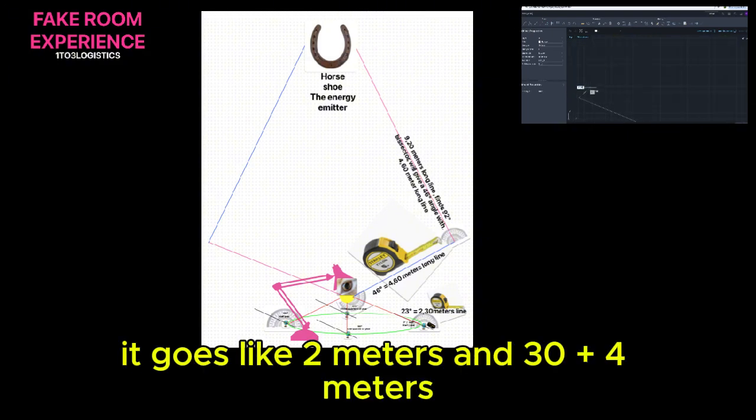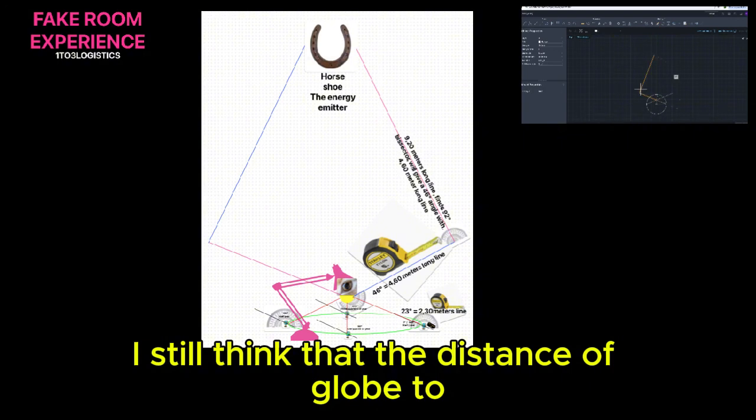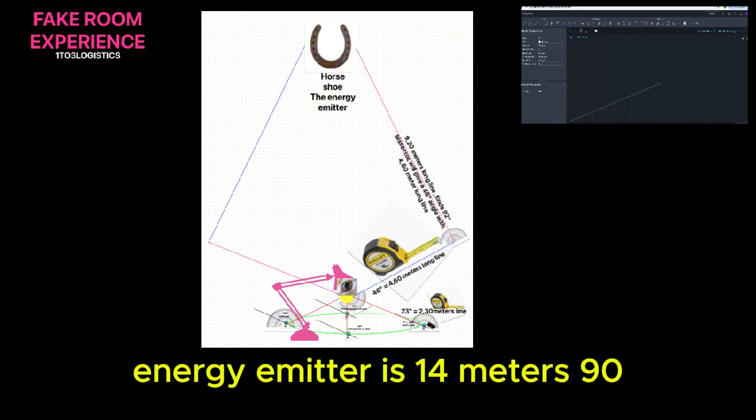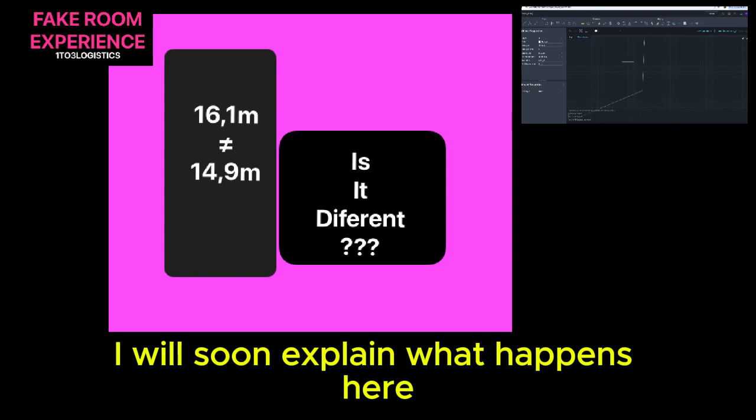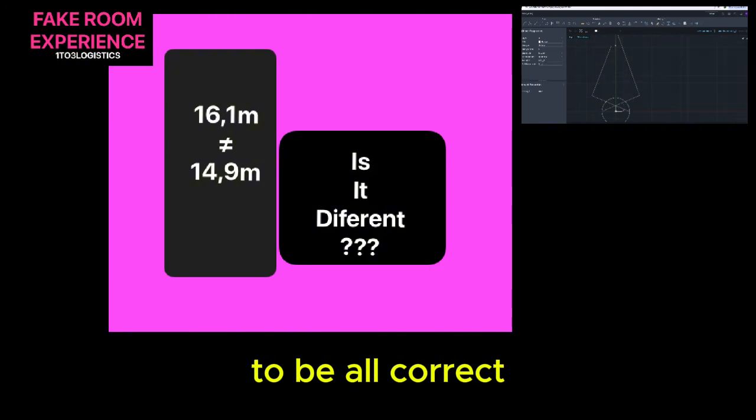It goes like 2 meters and 30 plus 4 meters 60 plus 9 meters 20, which gives you a distance of 16 meters. I still think that the distance from the globe to the energy emitter is 14 meters 90. I will soon explain what happens here with this difference of distances to make it all correct.